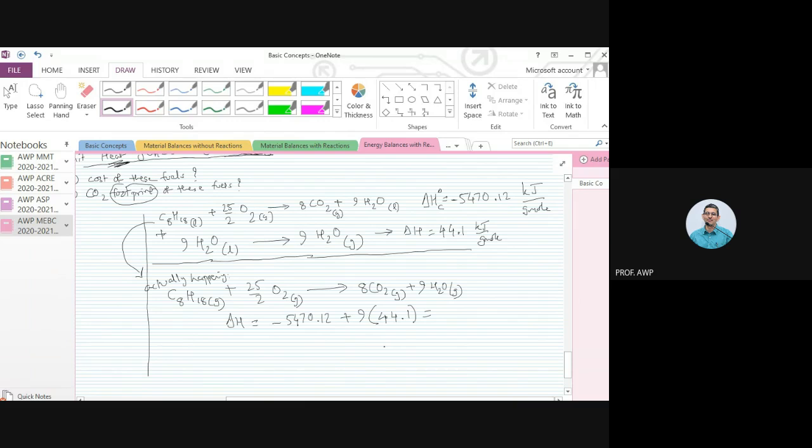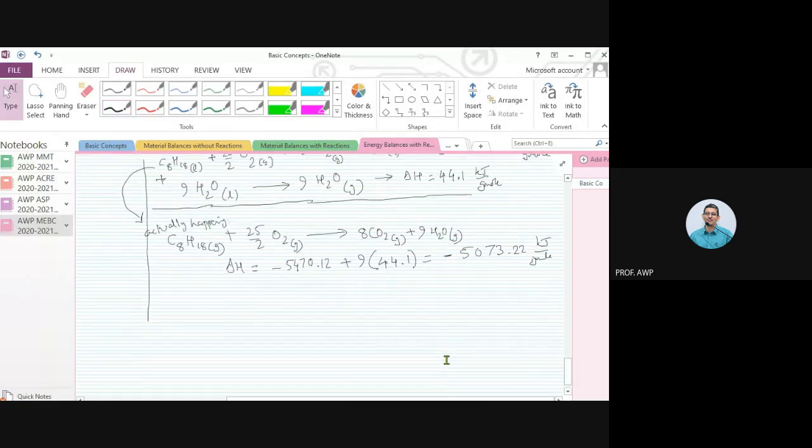If you calculate this, it will be minus 5073.22 kilojoule per gram mole.